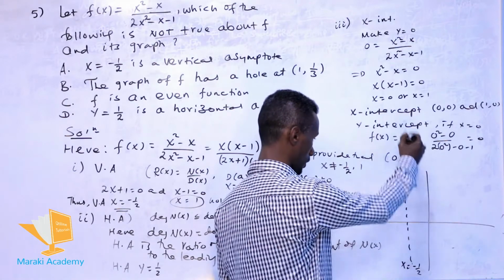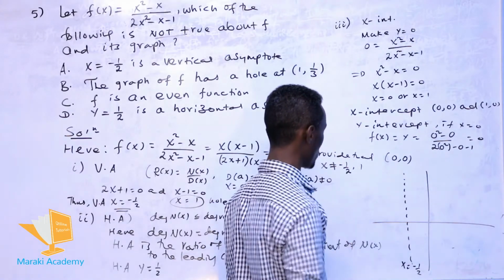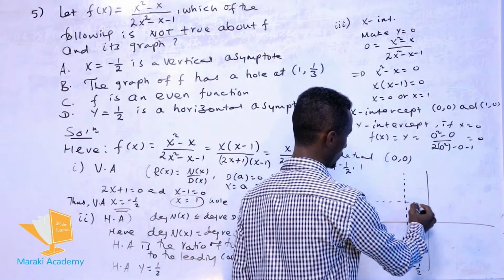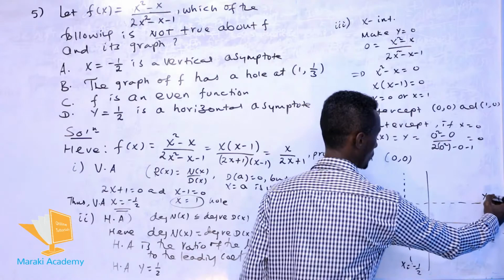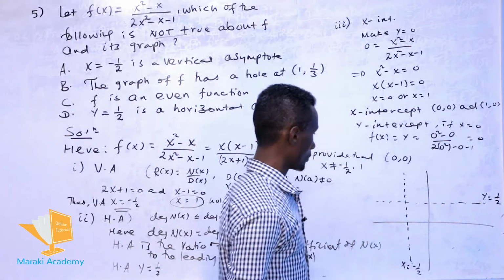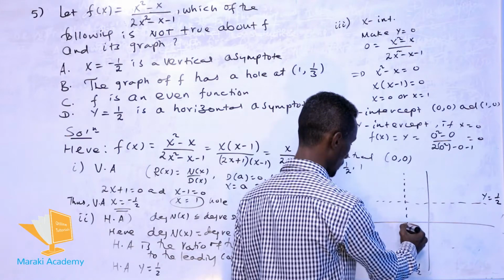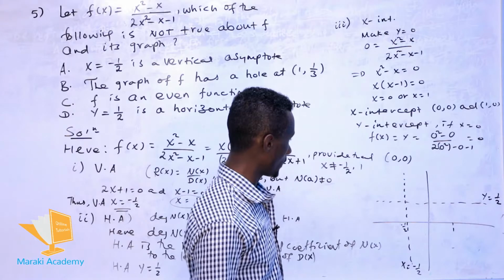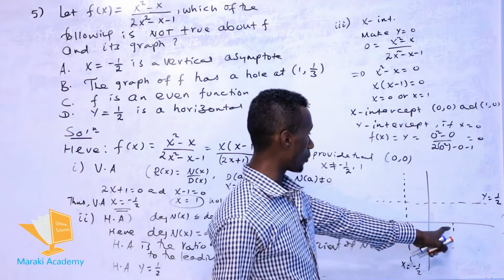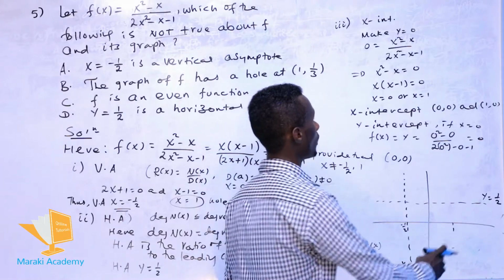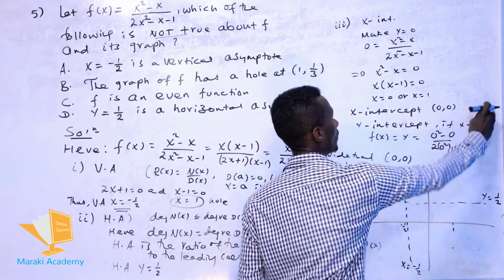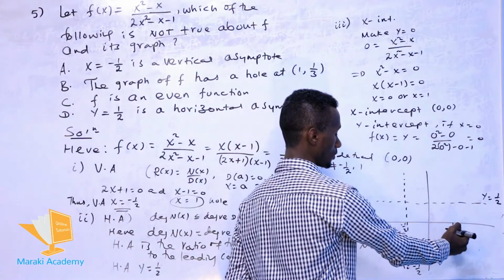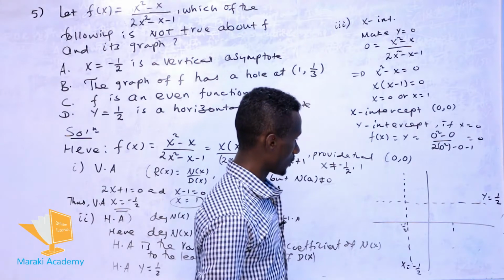Then the horizontal asymptote is a y value that the graph does not pass, y which is equal to 1 over 2. Here we have the hole point. This is not an intersection point; the only intersection with the x-axis is at 0, 0. At this point the graph has only a hole.